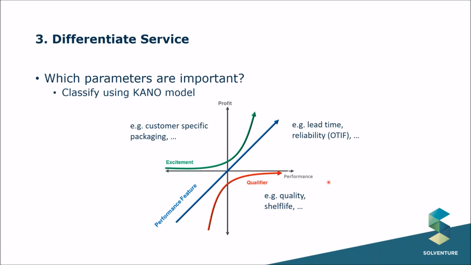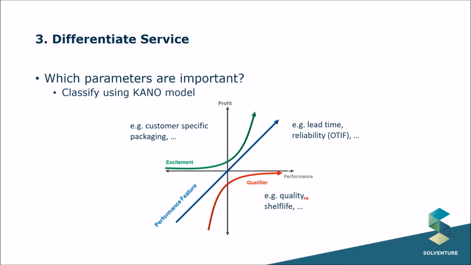Qualifier means, if I perform below the competition, so if I offer that type of service below the competition, it will negatively impact my profit. And what you see also is the other way around: if you are above the competition, your performance is not much higher.